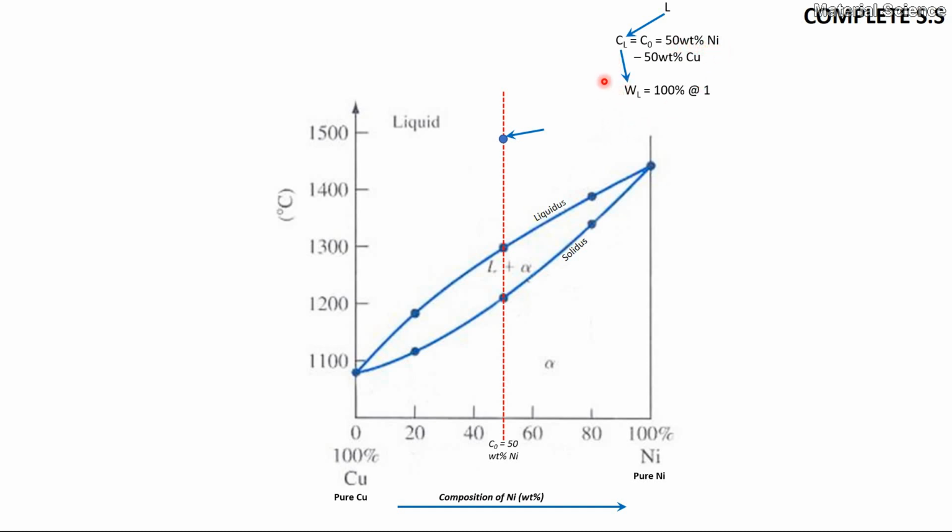Okay, breakdown again. How about the weight fraction of liquid? The weight fraction of liquid is 100%. Since the phase present is only one phase, the weight fraction for liquid is 1. It is not shared with anyone. I remark here, no tie line or lever rule implemented because of one phase only.